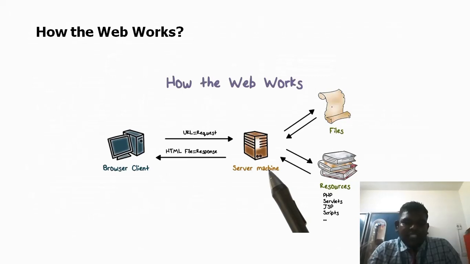Then the server responds to the client. The request is a URL request, and the response is HTML. Then the server responds directly to the user, that means the client. Files and other supporting server-related documents or applications are stored in your server machine. This is the basic function of the web.